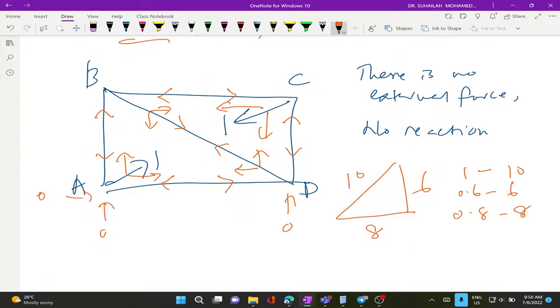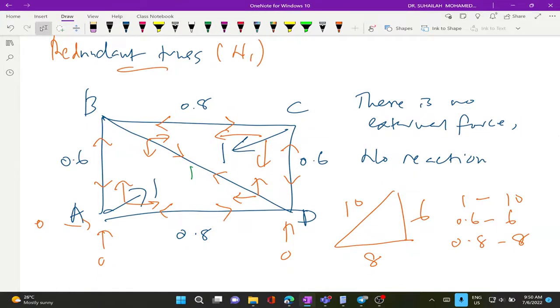So all the vertical values equal 0.6, the horizontal value equals 0.8, and the inclined value is equivalent to 1. So this is the member force in the redundant truss.